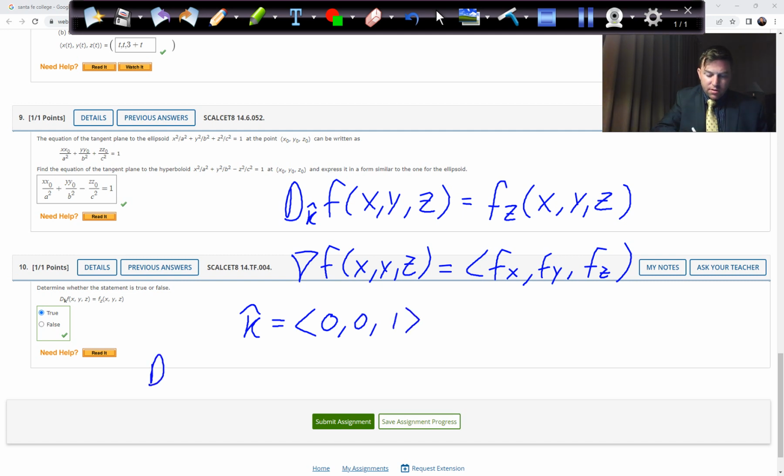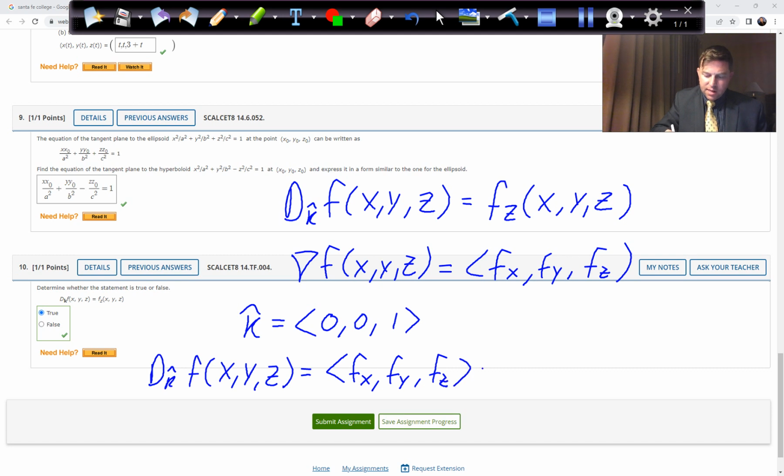So the directional derivative in the k direction of the function f(x, y, z) would equal the gradient vector fx, fy, fz dotted with the k unit vector, the unit vector 0, 0, 1.